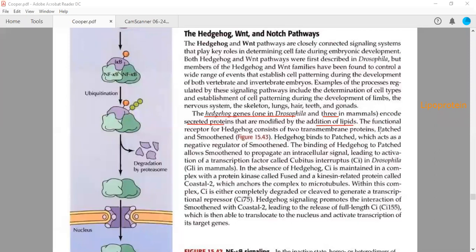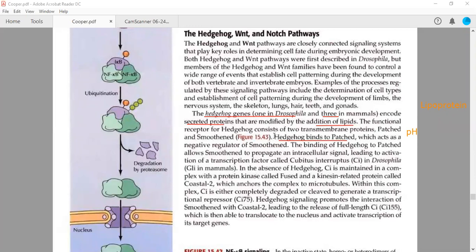This secreted protein, the lipoprotein hedgehog, will bind to a receptor called patched. To remember this, think of pH: P for patched receptor, and H for the secreted lipoprotein hedgehog.